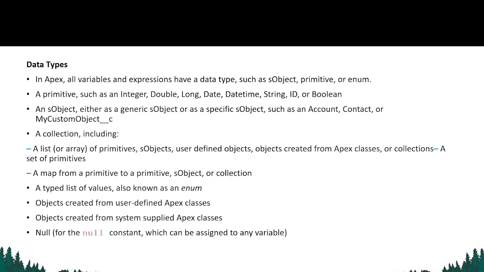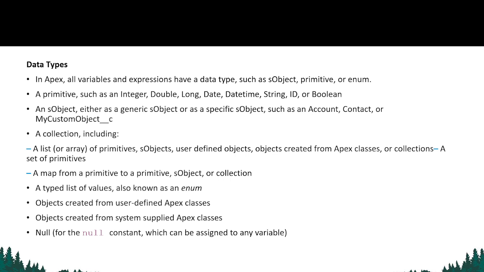So now we have the collections. The collection will include the list, the set, and the map. The list contains values which are stored in a way similar to arrays. Then the sObjects are the user defined objects.